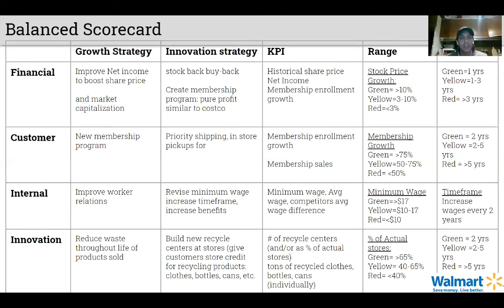We are looking to improve our share price by improving our net income, which will in turn boost share price and market capitalization. One strategy is to create this membership program, because as we see with Costco, their membership program is pure profit for them. And so we think that we can turn our net income higher, which can in turn signal to investors the strength of our company.